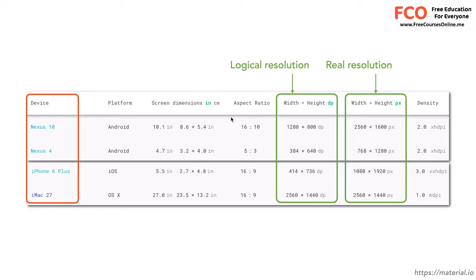And what are the other things that we need to know about DP or logical pixels? Here I have some examples to explain it better. We have some devices like Nexus 10 that has a width of 1280 dp and a height of 800 dp, which means its logical resolution is 1280 by 800, whereas its real resolution is actually 2560 pixels width and 1600 pixels height.